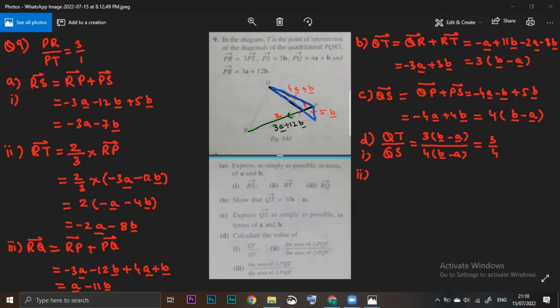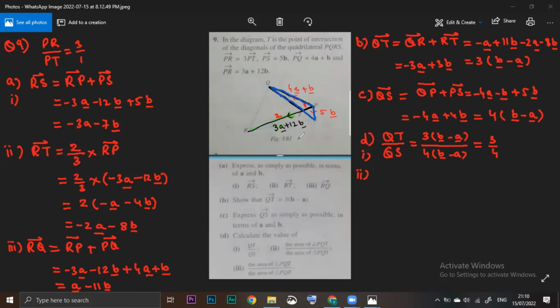The second property through which we can prove that the triangles are similar is the ratio of the corresponding sides is the same. Now, in this question, all sides are not given and we cannot find the ratio of the sides of the triangles.